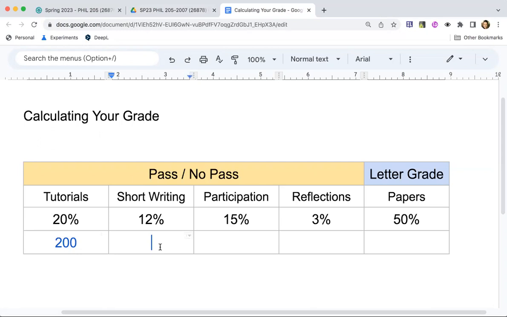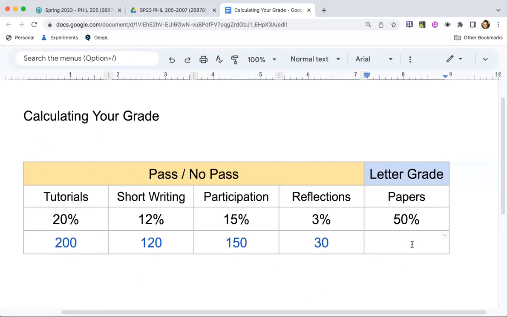If you complete it, you get full credit. Short writing assignments, pass, no pass. So if you're doing them in earnest, engaging with the sources you're supposed to be writing about, you'll get full credit. Are you going to be participating by workshopping your papers, commenting and replying to other people? If so, full credit. Reflections, full credit. Okay, so that's 500 points out of 1,000.